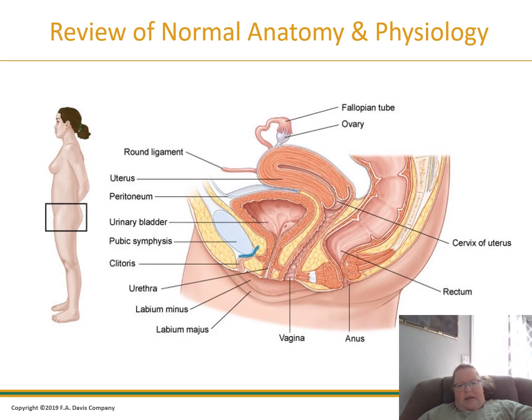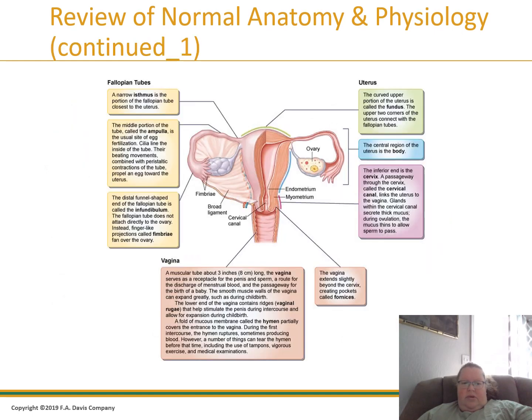So the vagina, the labia, the urinary bladder. It's kind of review. Again, we have the cervix and the canal, the broad ligaments.